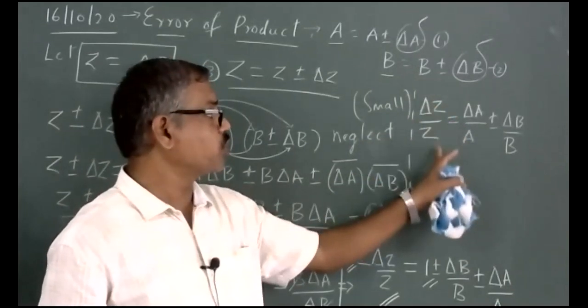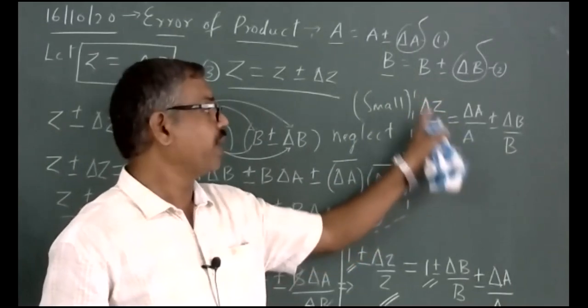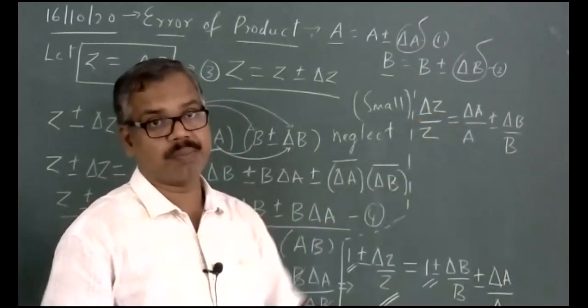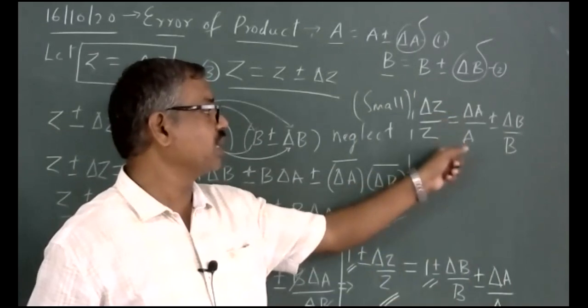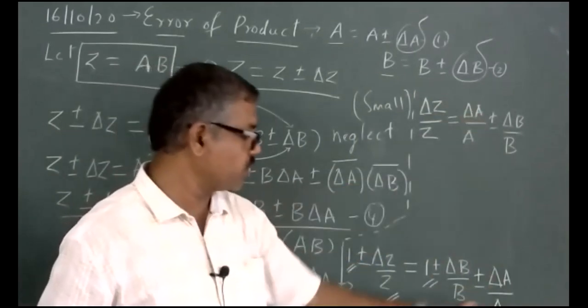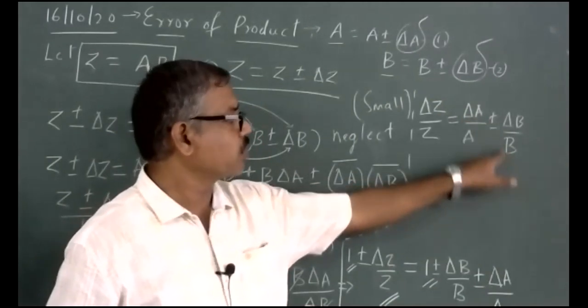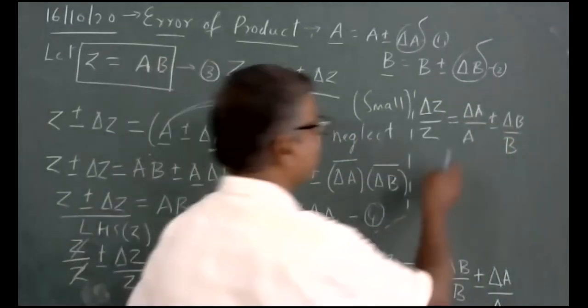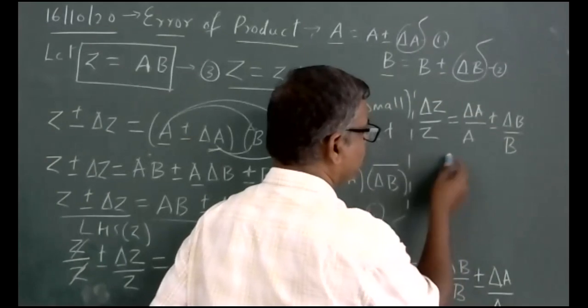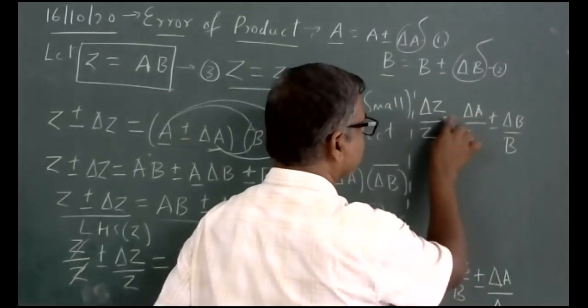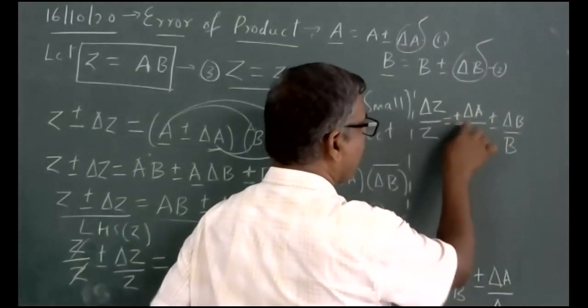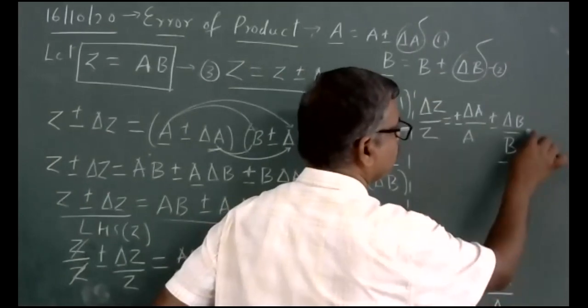Now the maximum possible relative error, I repeat, the maximum possible relative error is equivalent to plus or minus delta A by A plus or minus delta B by B. Again, there are four possibilities. What are the four possibilities? As I said in my earlier discussions, there will be four possibilities. Among the four possibilities, this is a beautiful equation.